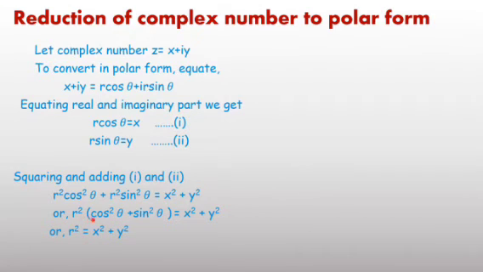Therefore, r square into 1 equals x square plus y square. Taking the square root of both sides, you will get r equals under root x square plus y square. In this first step, we are able to find the value of r.